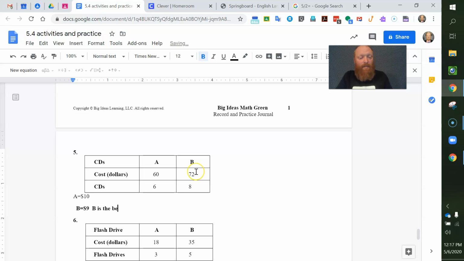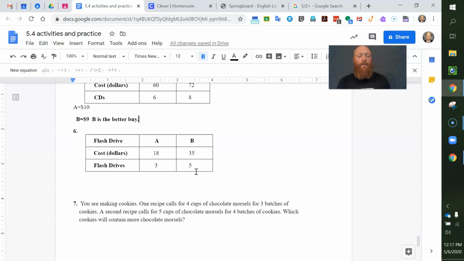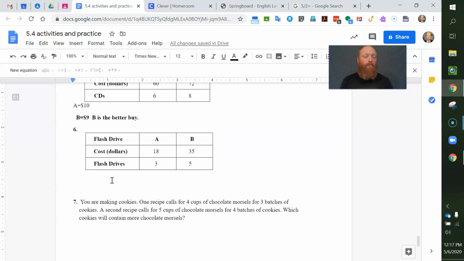B is the better buy. Flash drive. Well, 18 divided by 3 is 6. A is equal to 6. B, 35 divided by 5 is 7. So 6 is the better buy.